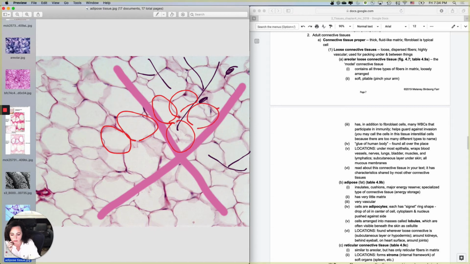And the fibroblasts are still there, but they get smashed between so many of these adipocytes that you really don't see them anymore, because this tissue just starts getting filled up with adipocytes. So what you are seeing is basically a loose areolar connective tissue plus boatloads of adipocyte cell division.